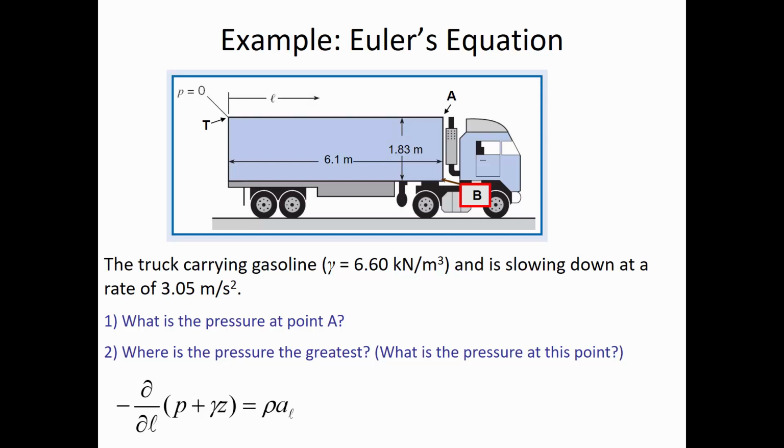The truck is carrying gasoline, so we have a different density and a different unit weight than we'd normally use. Note that. The other thing is we know the pressure at a certain location. Here at the top left edge, I'm going to call that location T. We know that the pressure is 0.